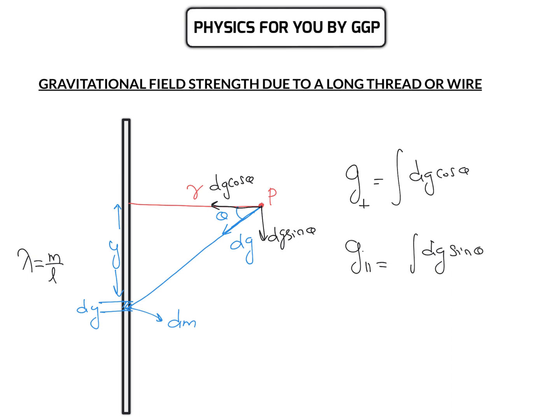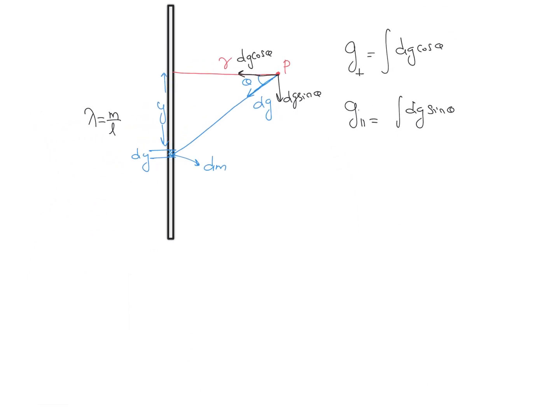First we'll find the value of the perpendicular component by integrating dg cos theta. So to find the net gravitational field perpendicular to this wire, we'll integrate dg cos theta. The gravitational field due to the small element is G dm divided by the square of the distance.